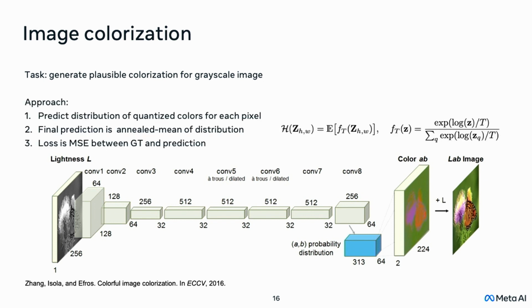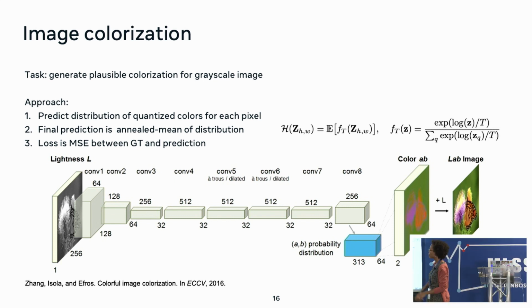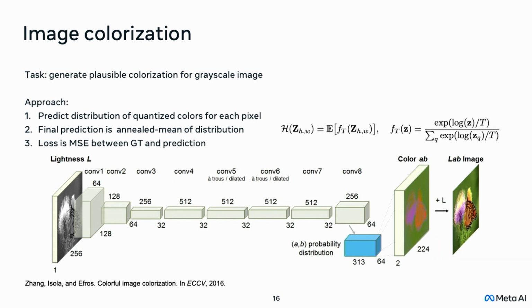And so how do they do this? The approach was to predict for each pixel in the original input a distribution over a set of potential colors that the pixel can take. Okay? So to do this, they took the color space, which in this case is just a 2-dimensional space, you could say, because they're not focusing on the lightness aspect, so you just have A and B. So you can think of this as some sort of 2D space, right?